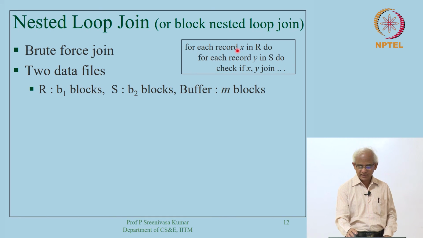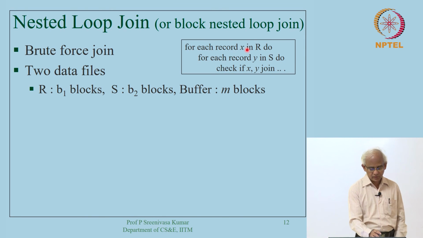For each record x in R and for each record y in S, this is an inside loop. As you iterate each record x in R, you look at all records y, and check whether x and y together satisfy the join condition. If so, produce the join output. This is the simplest of approaches.